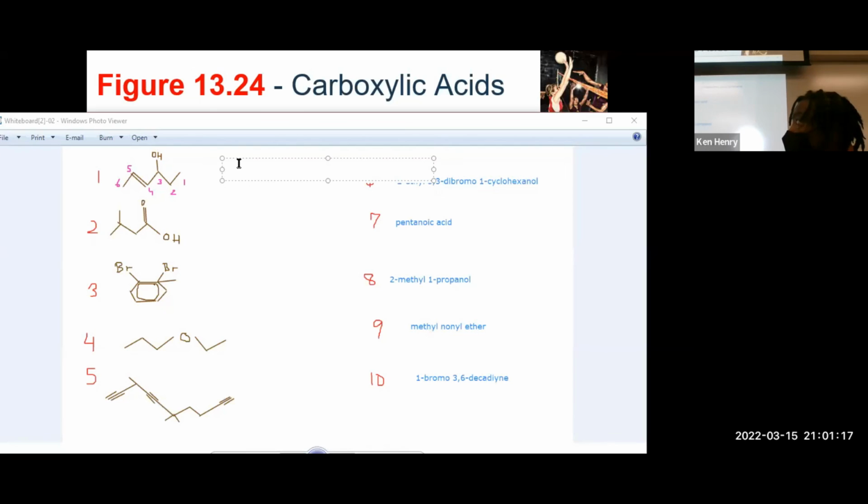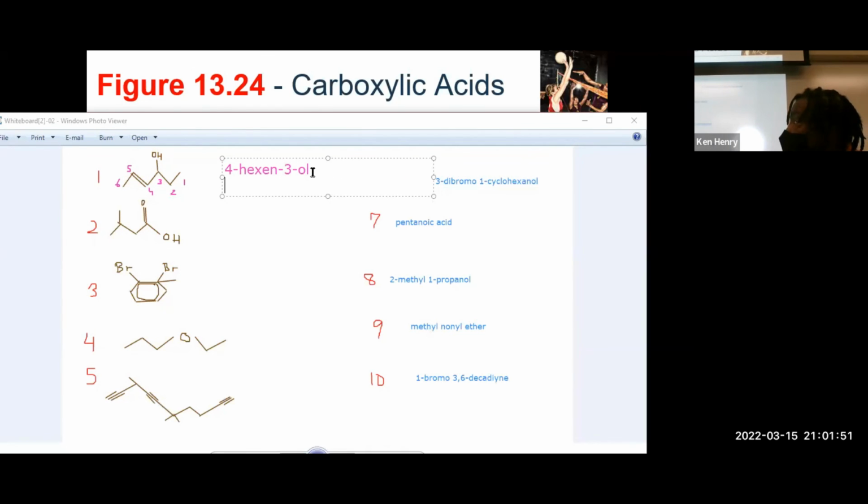One way would be hexane, but we have to say where the double bond is. It starts at the 4th carbon, so we put 4. You always want to put where the double bond or the triple bond starts. And then we know that it's an alcohol because it has OH, so we put where the OH is at, 3-ol. So that's one way of doing it.